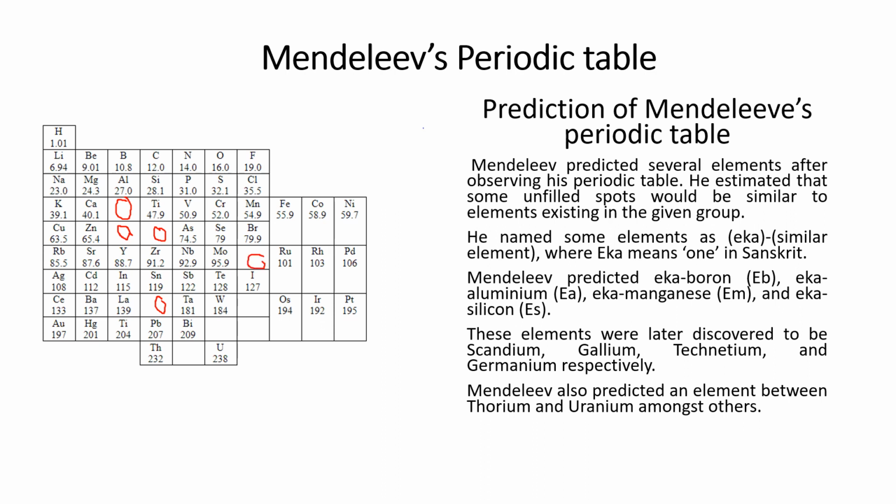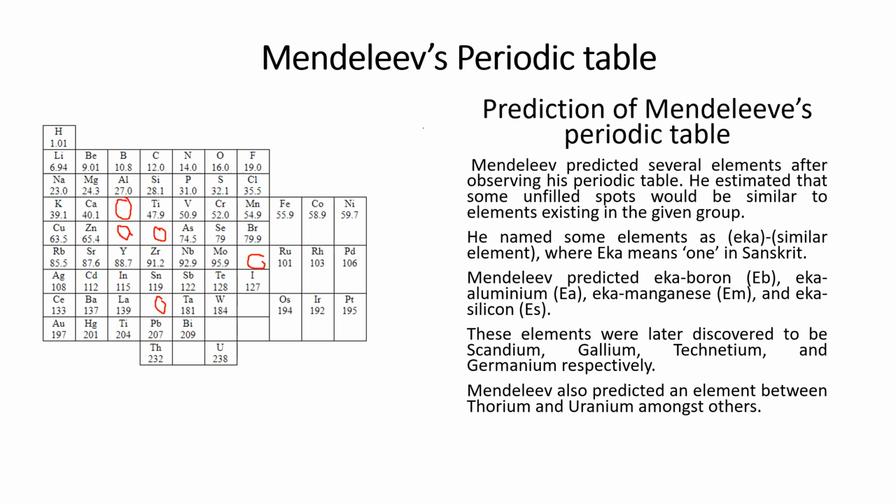Mendeleev predicted several elements after observing his periodic table. He estimated that some unfilled spots would be similar to elements existing in the given group. Thus, there would be some elements whose chemical or physical properties would be the same as these elements. So he left space.